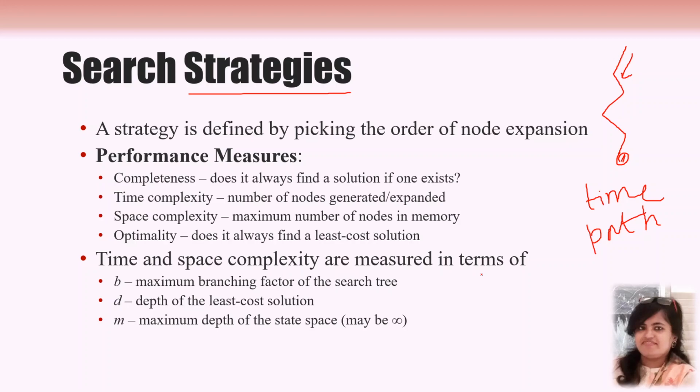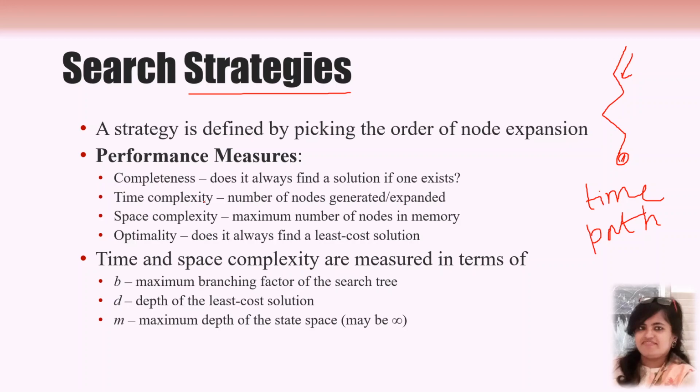We need to know whether a particular search strategy is able to find a solution or not. If there is a goal node present, then whether that strategy is able to find the solution or not. If it is able to find it, then we can say that particular search strategy is complete.